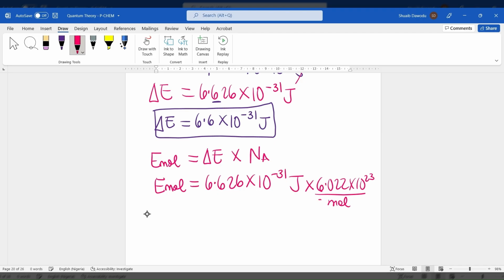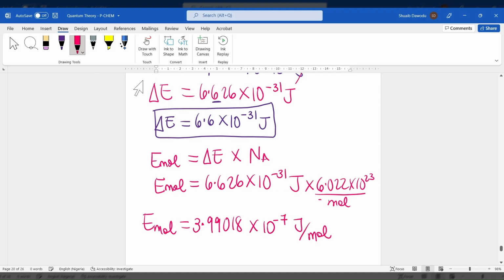So yeah, that's it. So E mole is going to be 6.626 times 10 to the power of negative 31 times 6.022 times 10 to the power of 23 per mole, which will end up being 3.99018 times 10 raised to the power of negative 7 joule per mole.